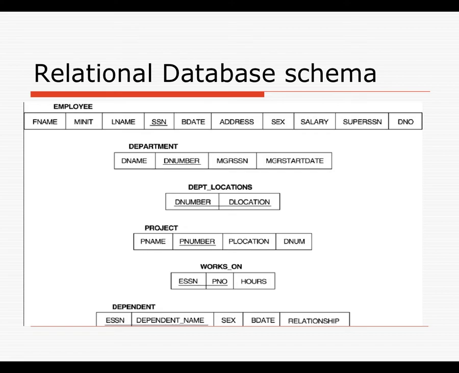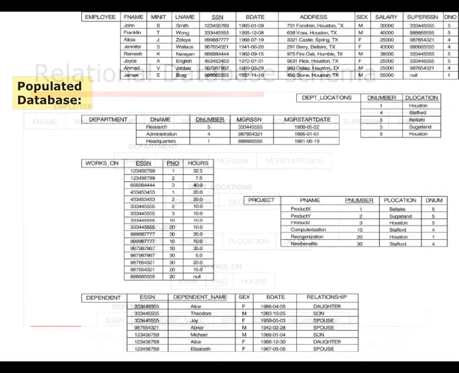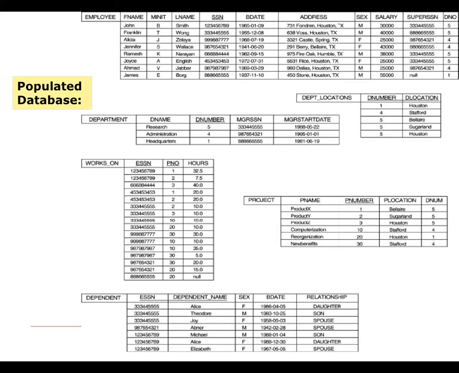Sharing names from a first name perspective, a department number perspective, department location perspective, etc. Examples of that from a populated database perspective is as shown. You're seeing everything from John Smith with a Social Security number born in 1965 out of Houston, Texas, to the research department, to specific product and project names such as computerization with IDs and locations in Stafford, Houston, and Sugar Land.